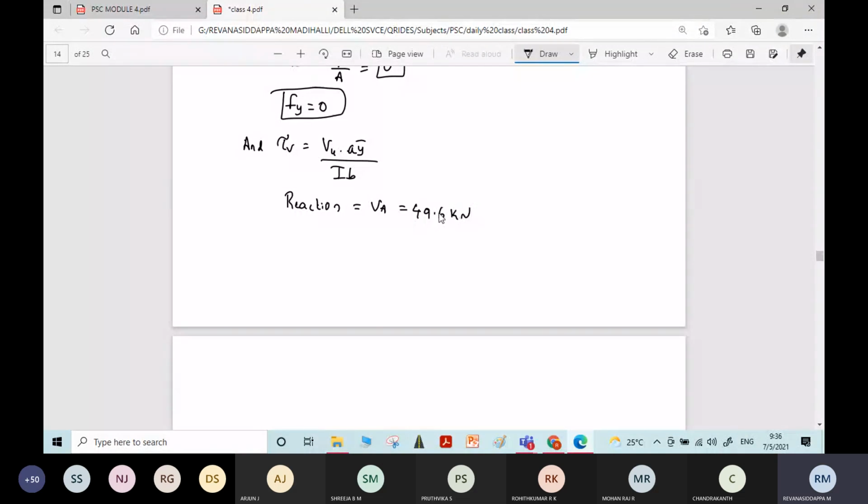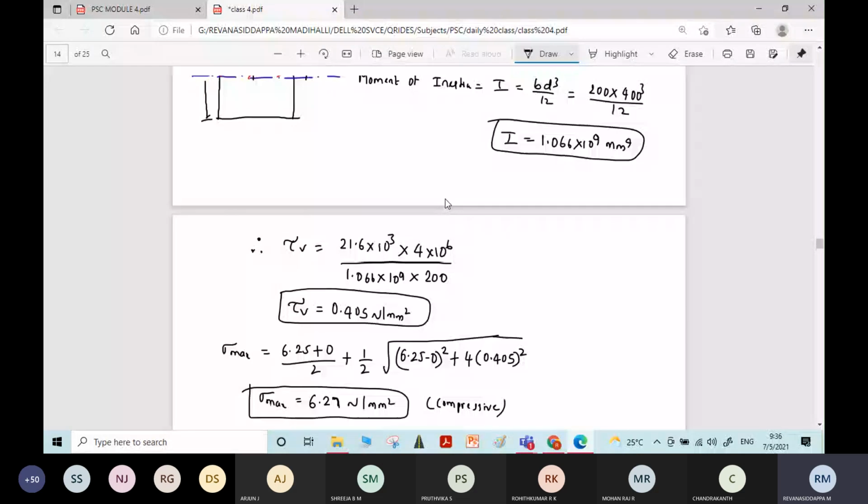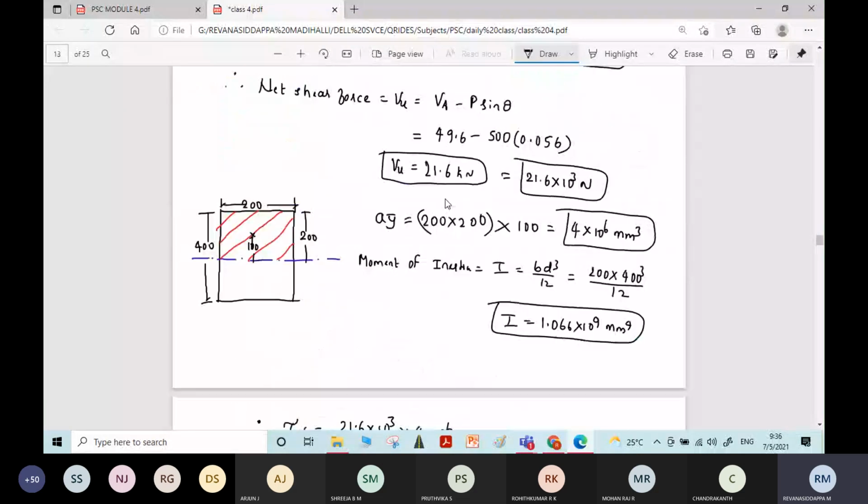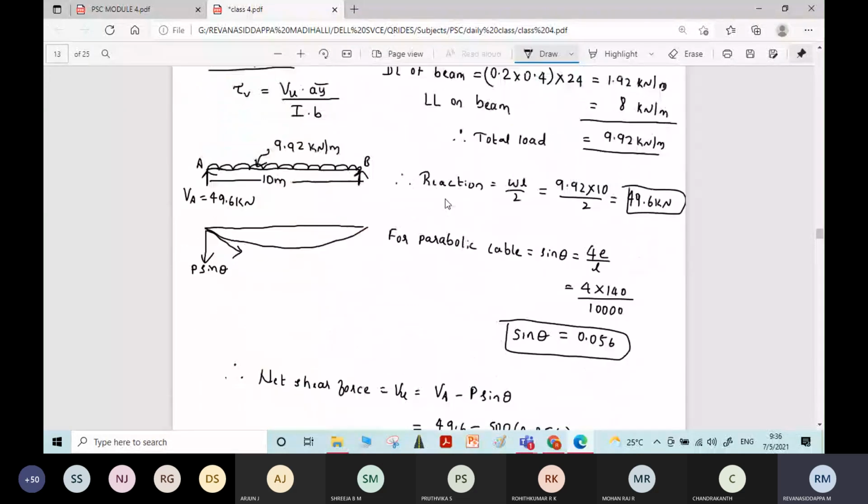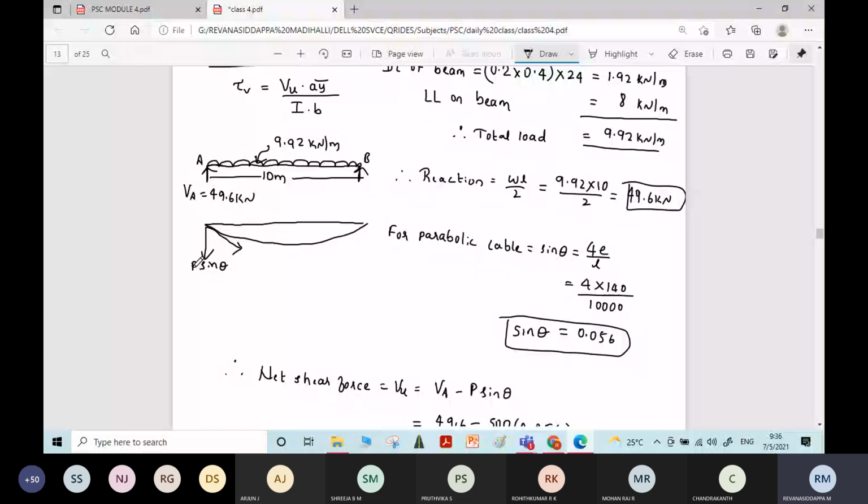Then we need P sin theta value. P sin theta value will be equal to 0 because pre-stressing force P equal to 0.